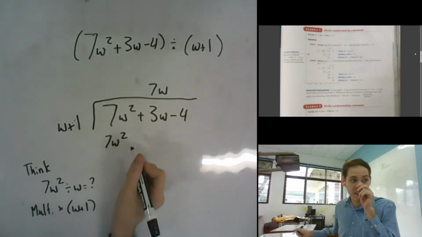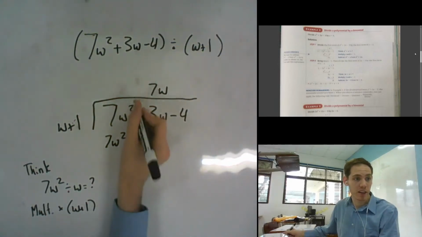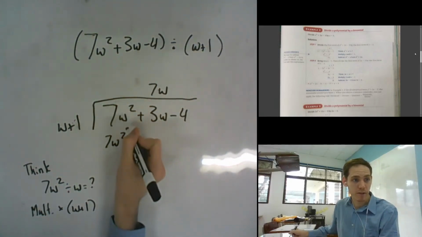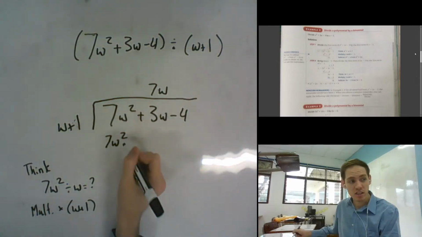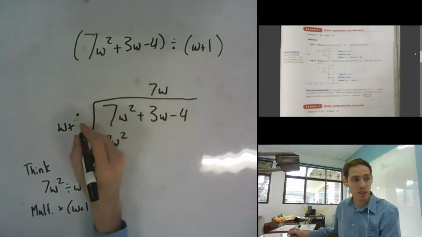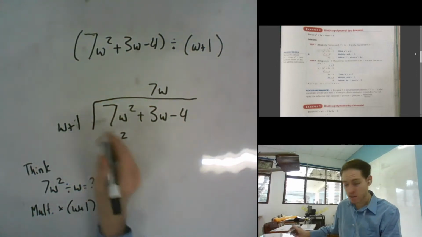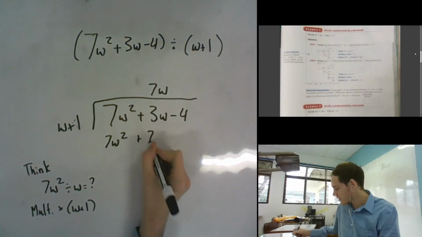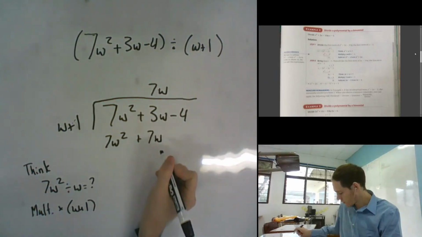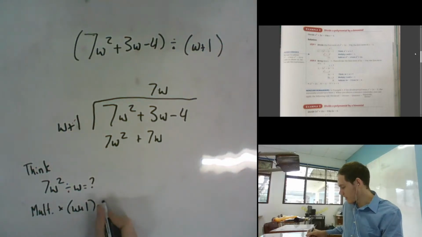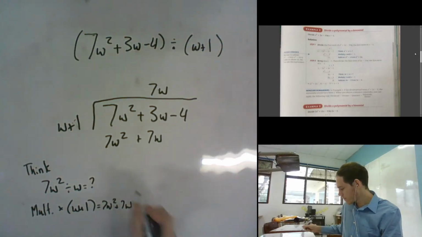We write that right under the same power, okay? So 7w squared, okay, what's 7w times 1? Well, that's plus 7w, okay? Okay, so we got 7w squared plus 7w.